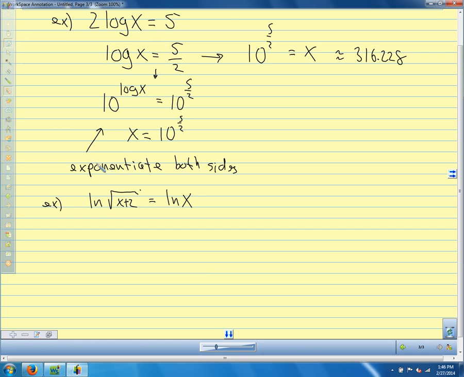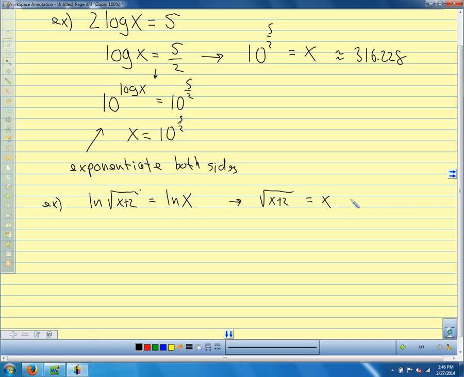We have one logarithm with the same base on either side. So since they're equal, what can we say here? Square root of x plus 2 equals x. Because these two logarithms have the same base, what's inside our function has to be the same.